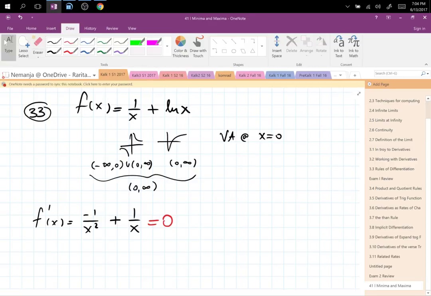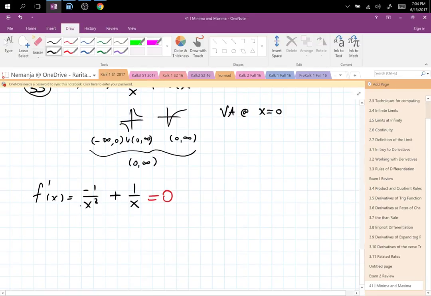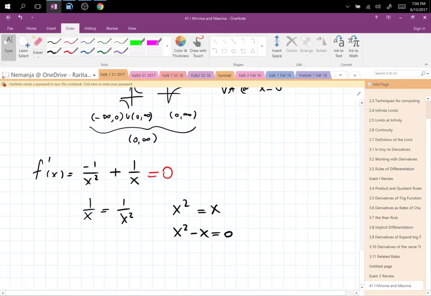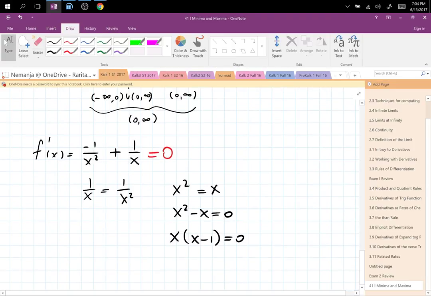So we have to solve. We can move negative 1 over x squared to the other side. We get 1 over x equals 1 over x squared. Cross multiply: x squared equals x. Now we move x to the other side, factor x, and set each one of those to 0.